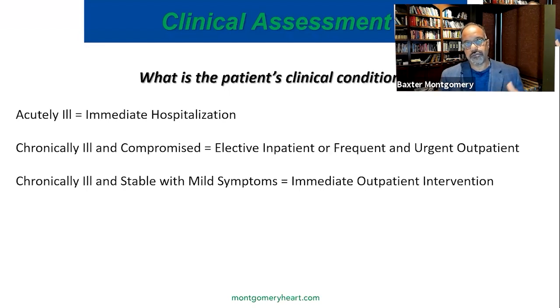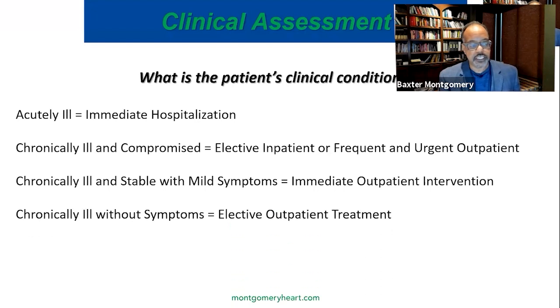So if I see someone with a very high blood pressure, for instance, and they're not having chest pain or shortness of breath or severe headache, and this blood pressure has been elevated for a prolonged period of time, maybe for weeks or months, I may make an adjustment in their medication, put them on a nutritional detox regimen, see them 2 days, 3 days later, or we may do a telephone visit 2 days, 3 days later.